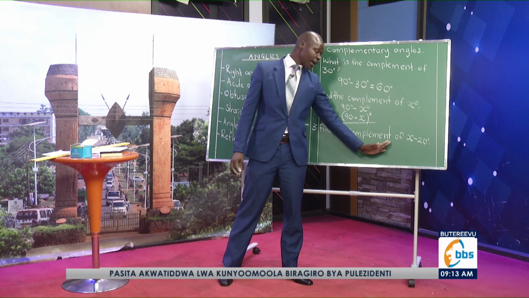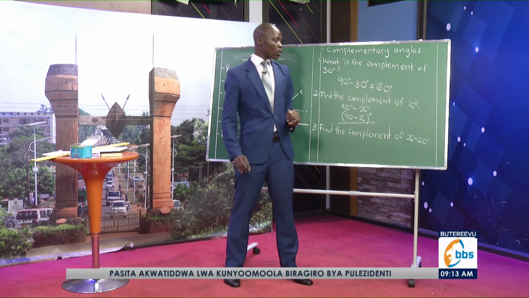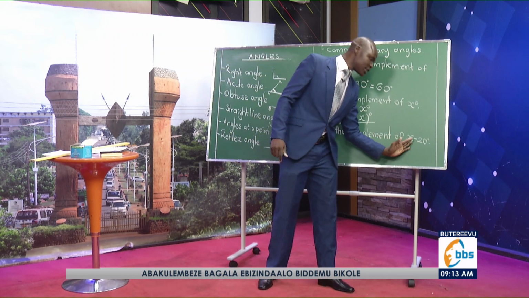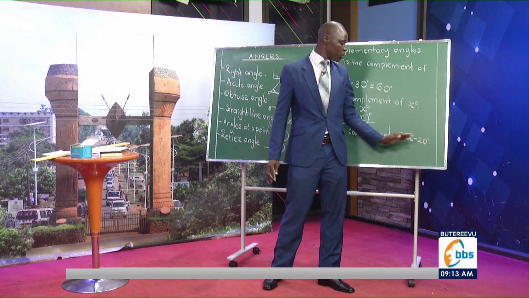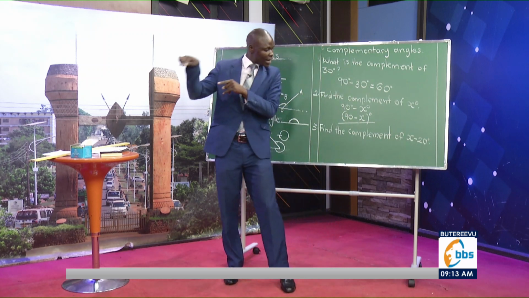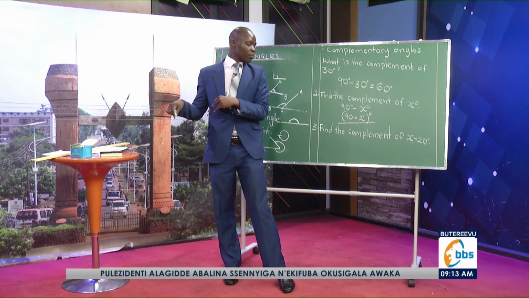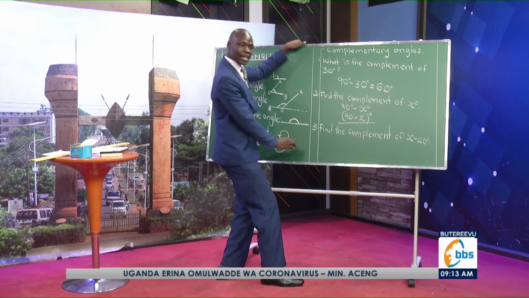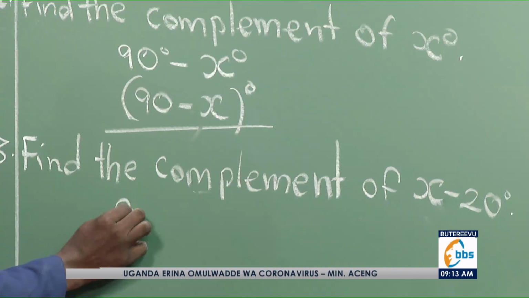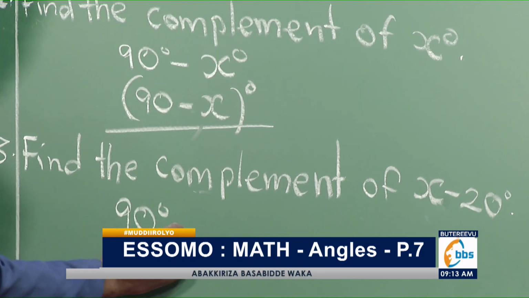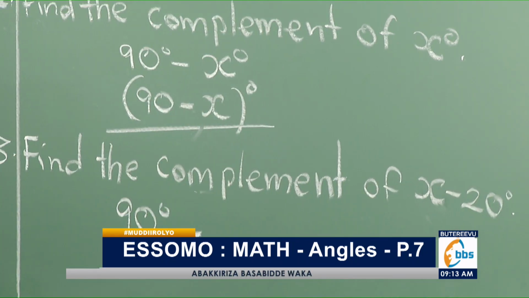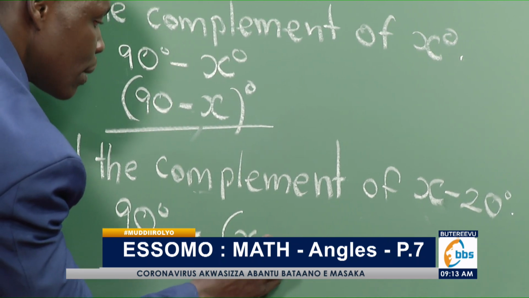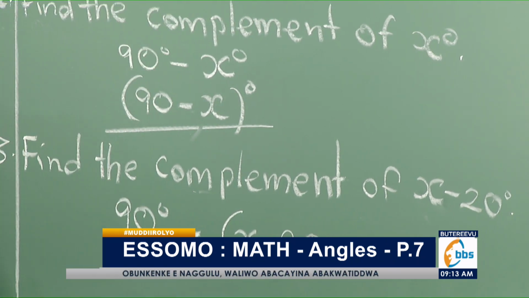To find a complement of x minus 20 degrees, we shall just get 90 degrees minus x minus 20 degrees. We shall take away that angle to get the other complement, because you're finding the complement of x minus 20 degrees. We can just simply say 90 degrees take away. Since these are two terms, we shall make our brackets and we say minus (x minus 20) degrees.